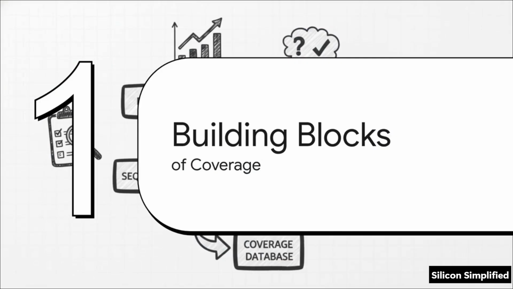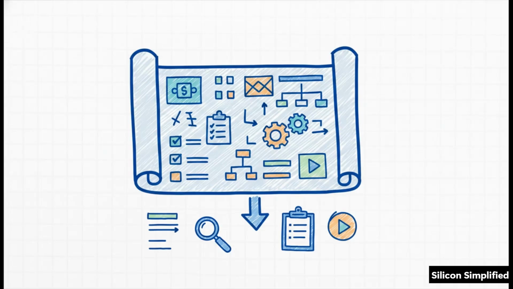Okay, moving on to part two, building blocks of coverage. Let's look at a practical example straight from our sources, a PCI transaction cover group. In SystemVerilog, a cover group is the main container for your coverage model. You can think of it as the master architectural blueprint that holds absolutely everything we want to track for a specific interface or protocol.